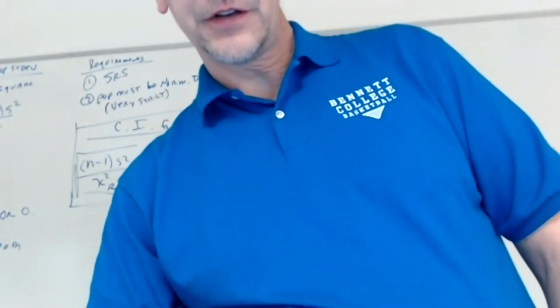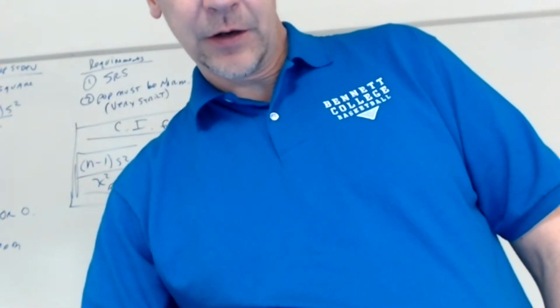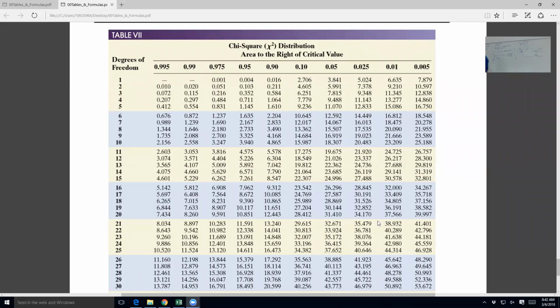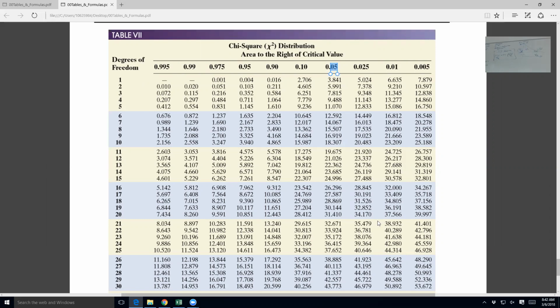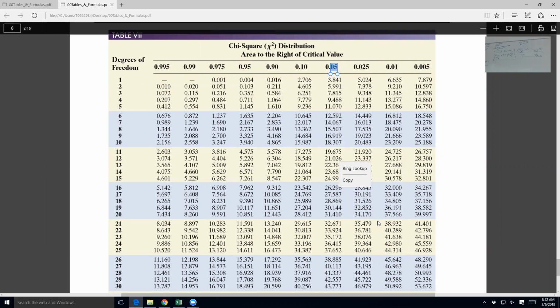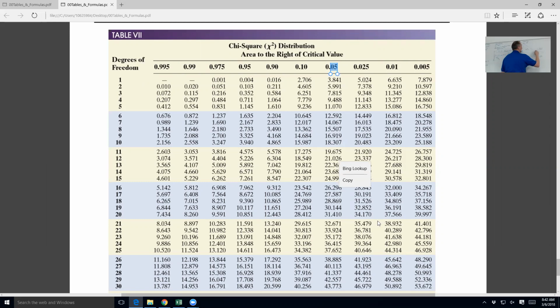So I want 5% on the right, 12 degrees of freedom on this row. This value is 21.026. Now, what's this value here? What column am I looking at? 0.95.